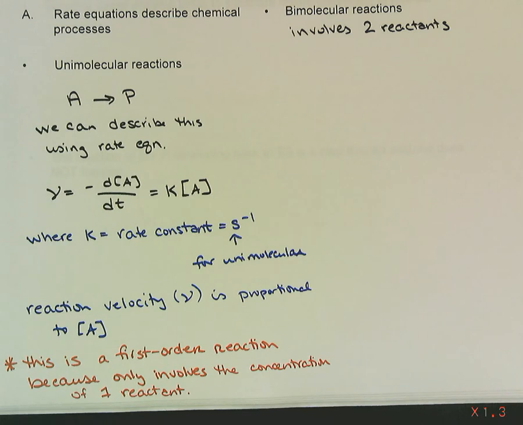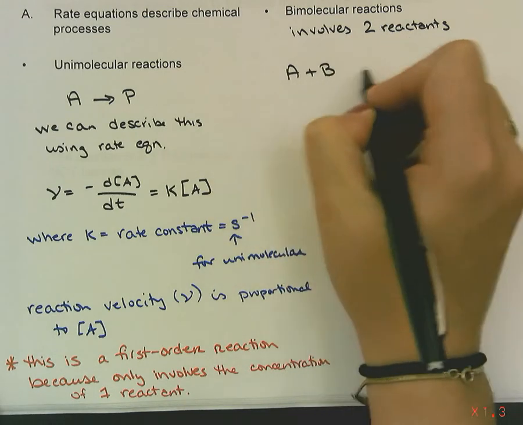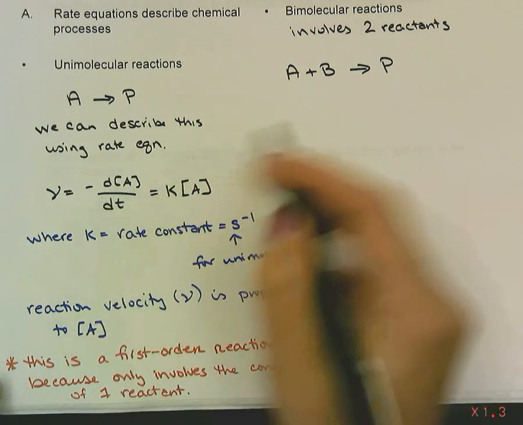So a bimolecular reaction involves 2 reactants. So it'd be more appropriate to draw it like that. A plus B undergoes some chemical reaction to make one single product. Which means we can then describe this similarly using our rate equation.